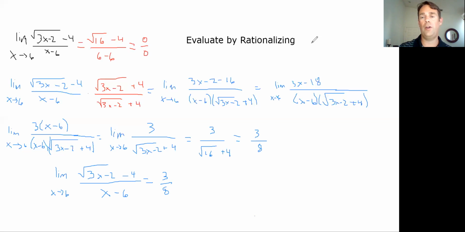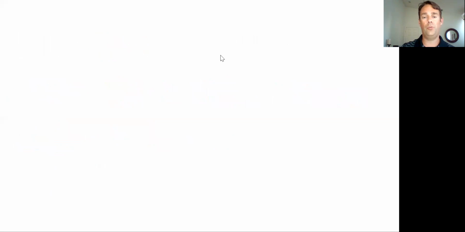That's evaluating by rationalizing. There's one other type that I told you we're going to be dealing with today, and that's this one. Sometimes life doesn't work out so hot because we're dealing with fractions. So we have complex fractions.